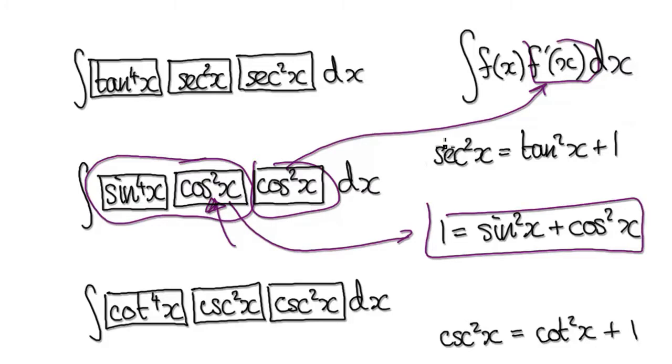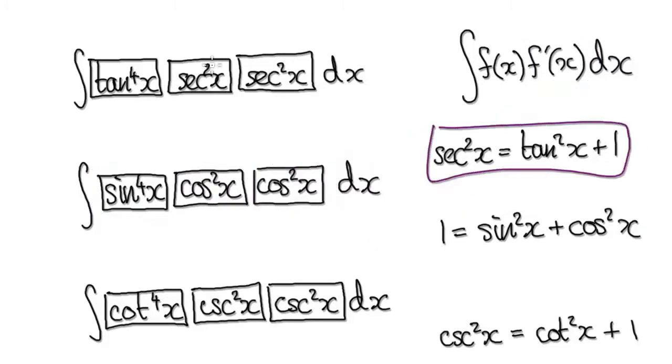The point is that this identity here allows you to convert this into tan, but don't forget, you need a squared in order to do it. If you have to the power of 3, then you've got to use a different technique. But for the time being, we're just looking at when it's even.